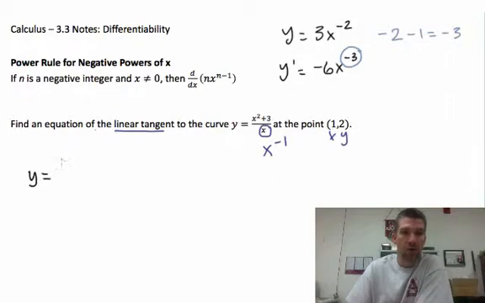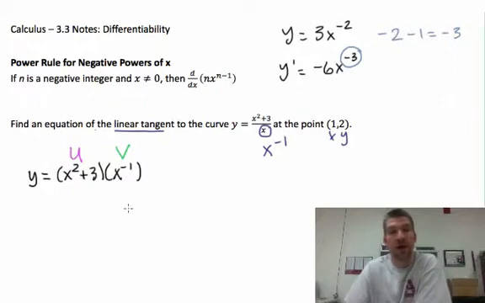We're actually going to work on x squared plus 3 times x to the negative 1. When I look at it this way, I have u and I have v. So now I can use the product rule and life gets nice.